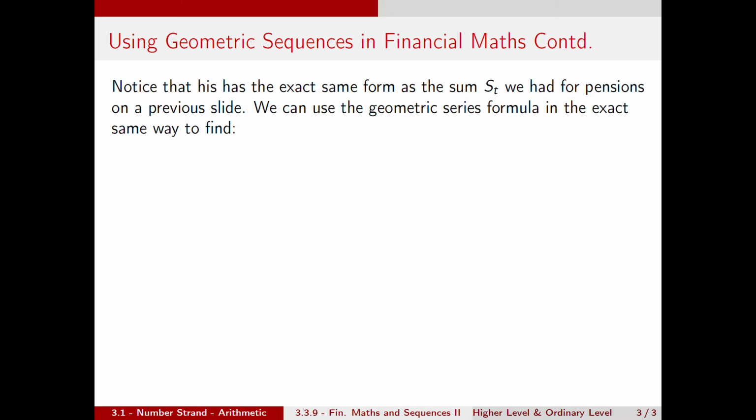So we notice that this has the same form as the sum S sub T. So we can use the geometric series formula in the exact same way that we saw from the savings video.